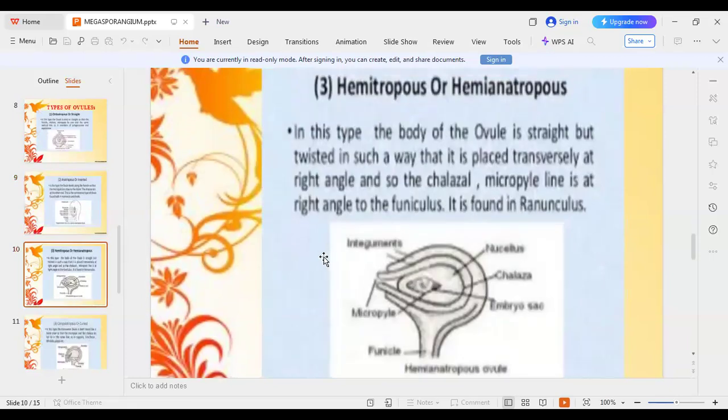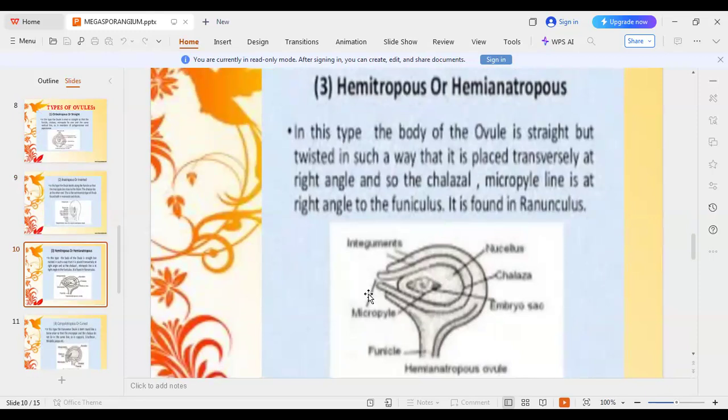hemitropous or hemianatropous. Okay, so in this type, the body of the ovule is straight, but it is twisted in such a way that it is placed transversely.